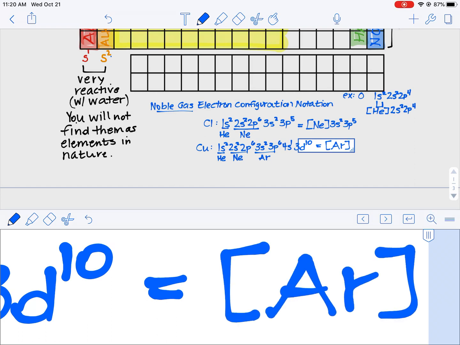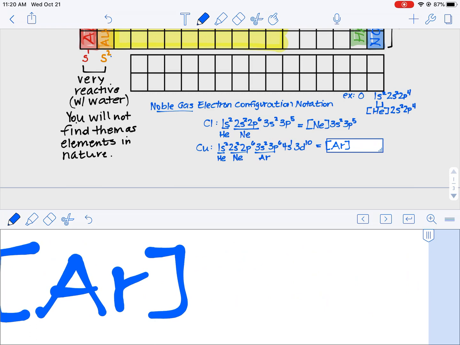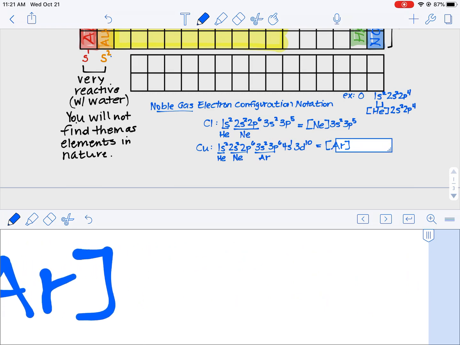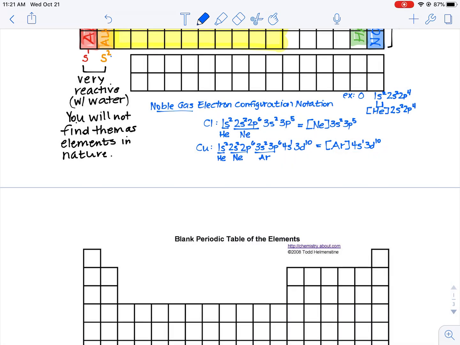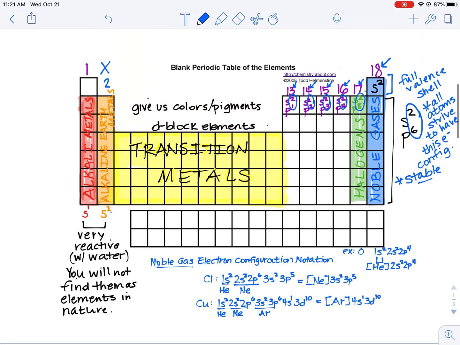So I put argon's symbol in the brackets, and that's telling the reader, organize all of argon's 18 electrons, and then the rest go into 4s1, 3d10. So now that you know where the noble gases are found on the periodic table, you can write the noble gas electron configuration notation for any element on the periodic table.